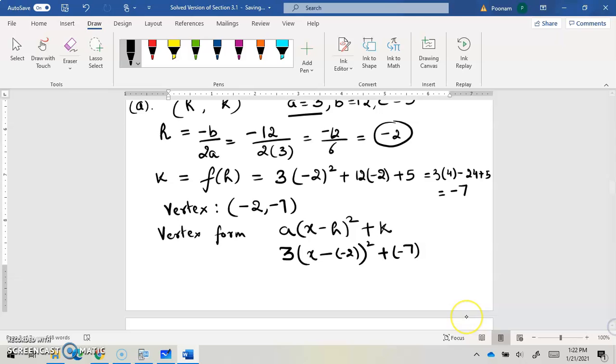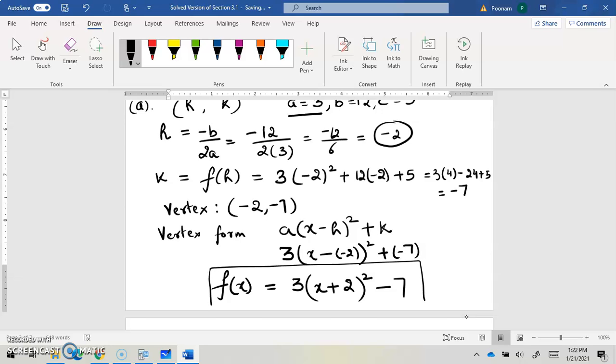So in total, the function in the vertex form can be written as 3 times x plus 2 whole square minus 7. This is how we write a given quadratic function into the vertex form.